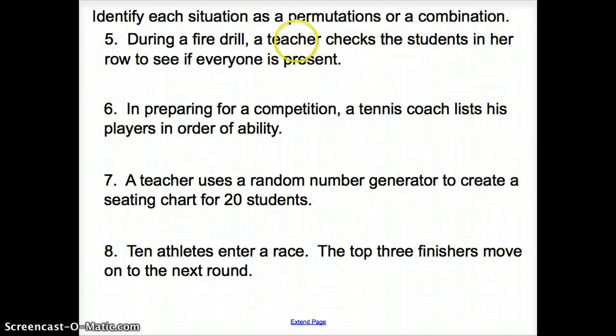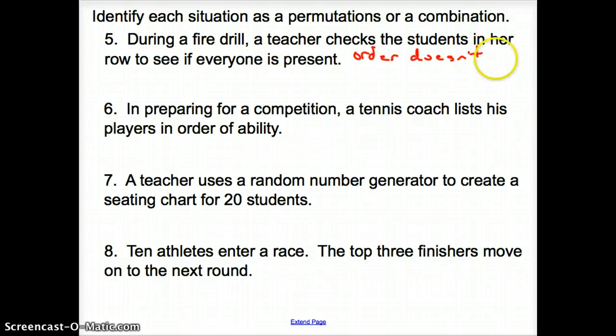Now we're just going to help with some identifying permutations or combinations. For 5, during a fire drill, a teacher checks the students in her row to see if everyone is present. Does order matter? Well, during a fire drill, I'm checking to see if all my students are there. I don't care what order they are in, as long as they are all there. Order doesn't matter.